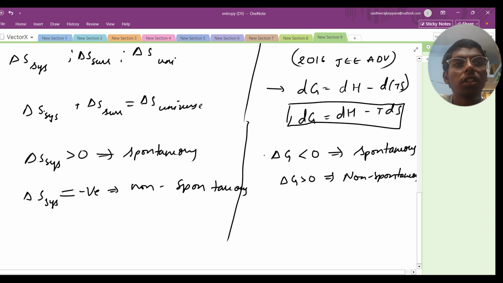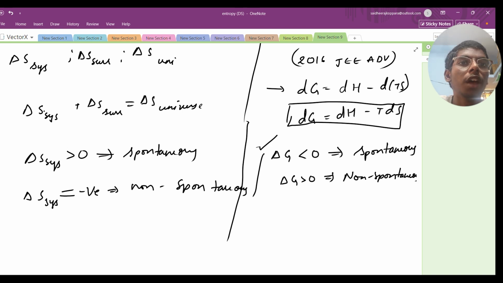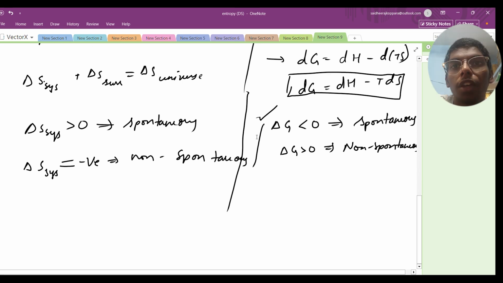This part succeeded very well. Using free energy, they could explain the spontaneity of most reactions. I don't think there is any exception in explaining spontaneity with the help of free energy.